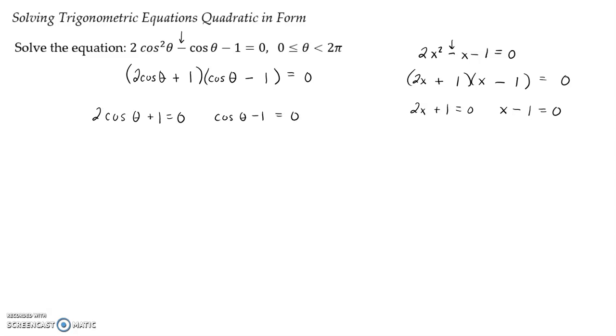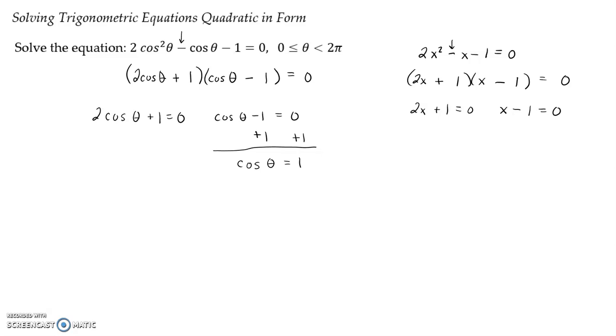So let's go ahead and work with this one on the right-hand side. We have cosine of theta minus 1 equals 0. Let's go ahead and add 1 to both sides. We're going to get cosine of theta equals 1.